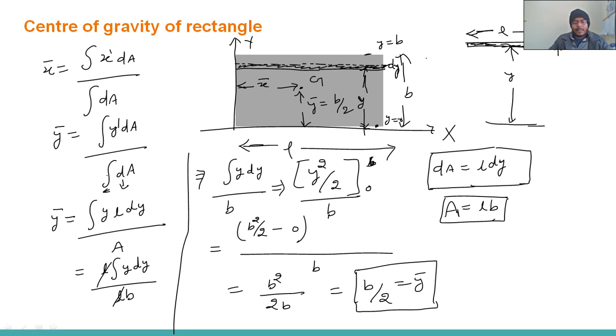Similarly, we can calculate x bar. So this is the y-axis, this is the x-axis. Now to calculate x bar, suppose here is G, I am going to take a small segment parallel to the y-axis.